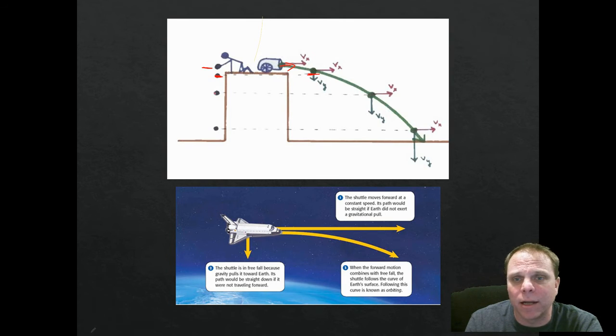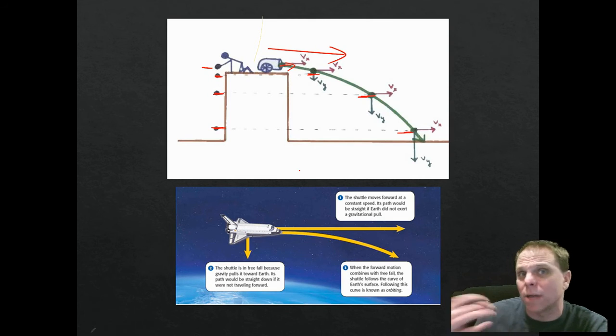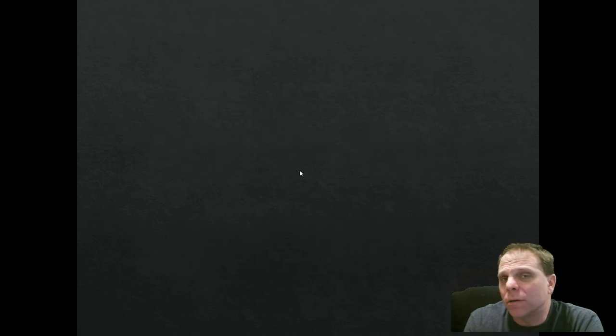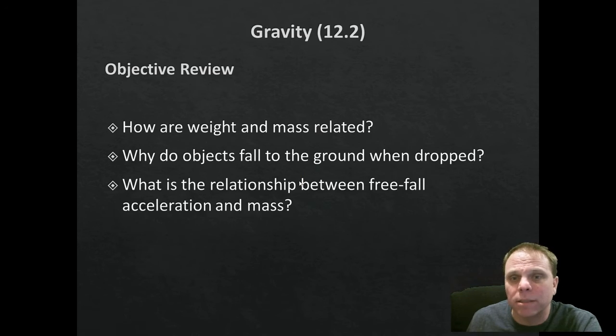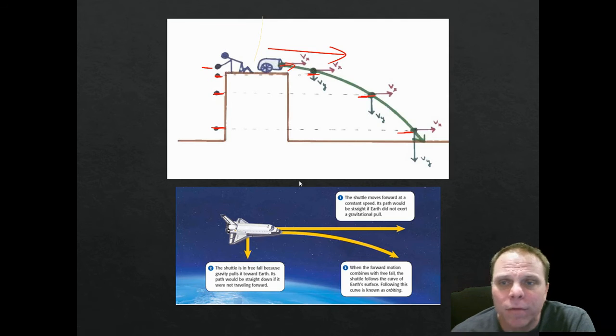At time interval 2, they're exactly equal to each other. Time interval 3, they're exactly equal to each other. Now this one is still moving in this direction because it had a horizontal component, but the vertical component of these two is going to be exactly the same, and they're going to fall and hit the ground at exactly the same time.